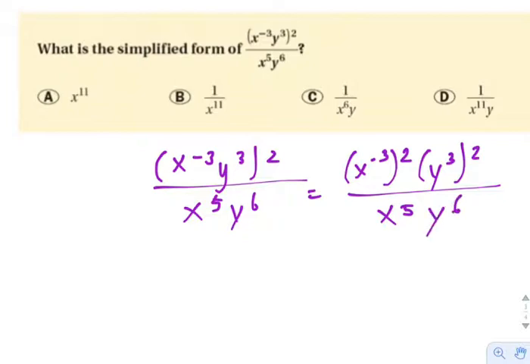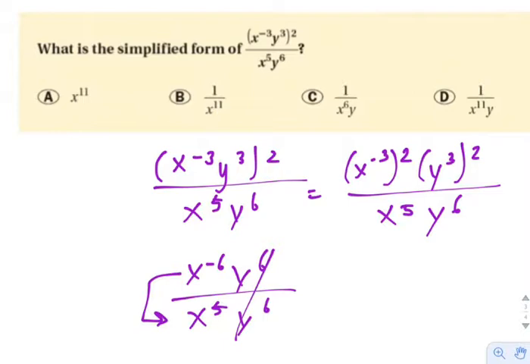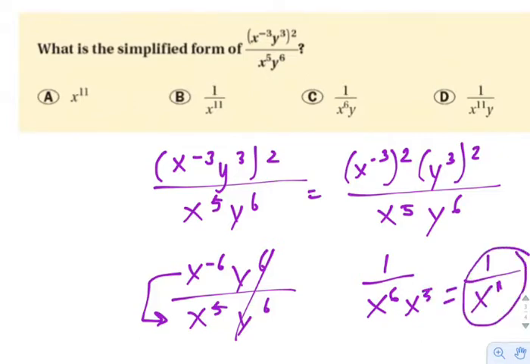And then when I multiply my powers of powers, I get x to the negative 6, y to the 6th over x to the 5th, y to the 6th. y to the 6th over y to the 6th just cancels out. x to the negative 6 needs to be moved to the denominator to get rid of that negative. So I get 1 over x to the 6th, x to the 5th, which is the same as 1 over x to the 11th power.